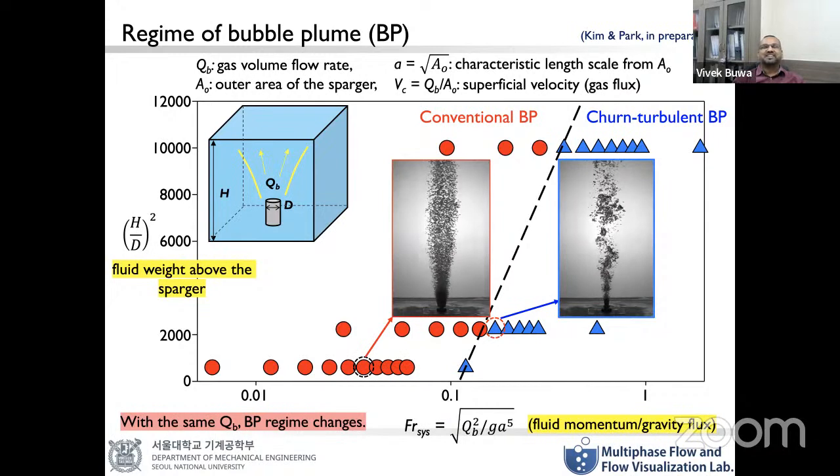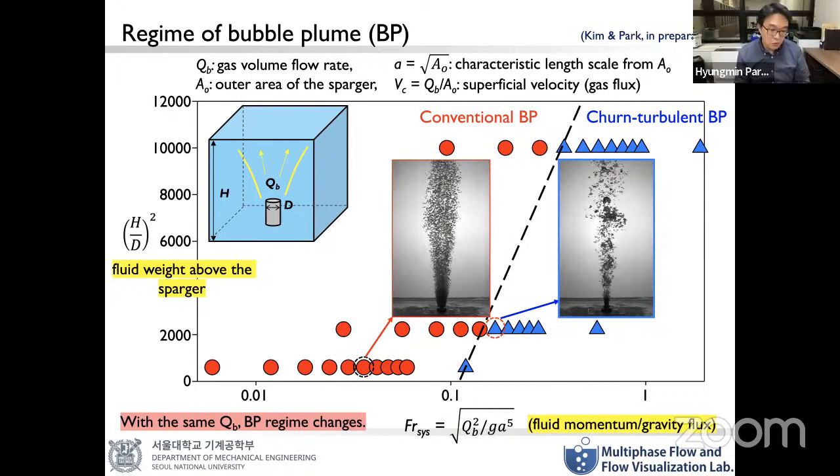Yeah, that is a very nice question, because before I show this result to different people, I always ask which one would be more efficient in mixing, the conventional one or the turbulent one? And many people answer that the turbulent one will be more efficient, right?